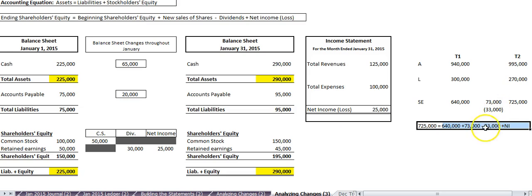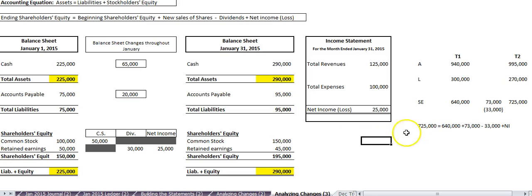Common shares sold is 73, minus the 33 in dividends plus net income. So that's the formula that I just matched up from this formula. Now if we use algebra, by shifting all this over to this side and isolating net income, we could find out what net income is, right?